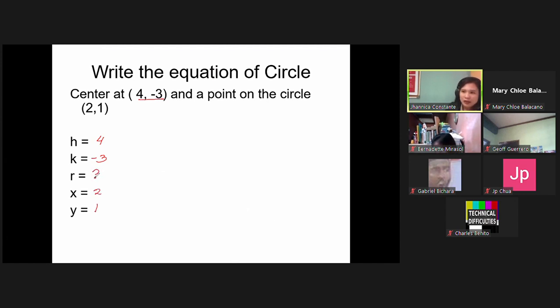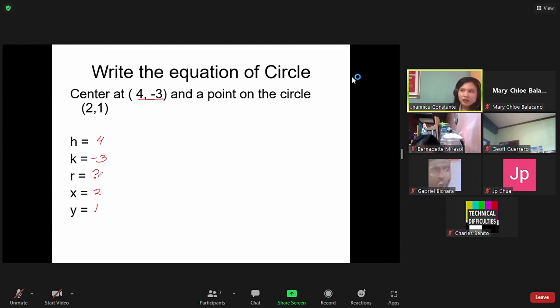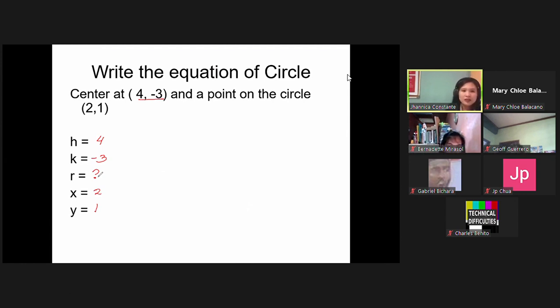So we don't have the radius. We need to solve for the radius. You can either use the formula for the radius that I've given a while ago, or you can just use the standard form of the equation of a circle to find the radius. It's either of the two, you will arrive at the same value for the radius. So let's solve for the radius using the formula, which is the square root of x minus h squared plus y minus k squared.